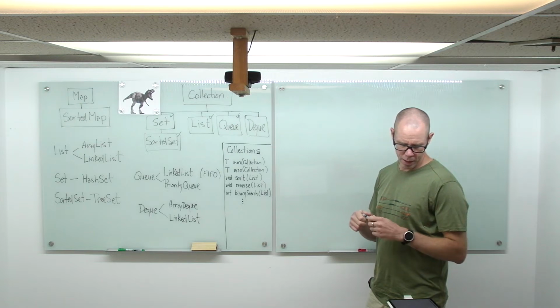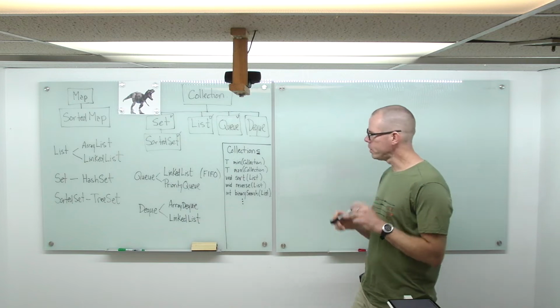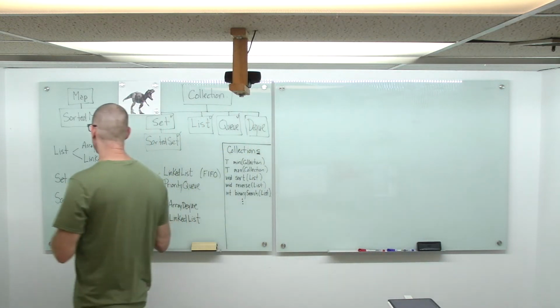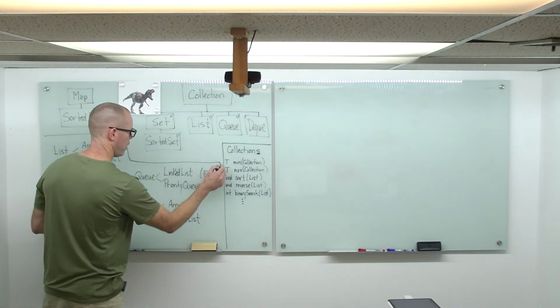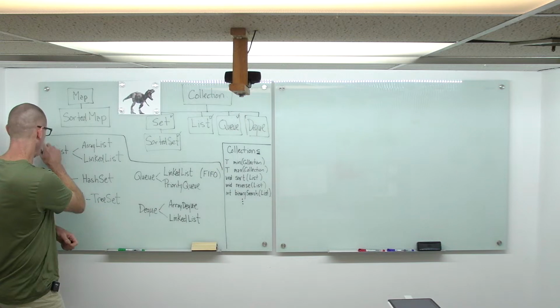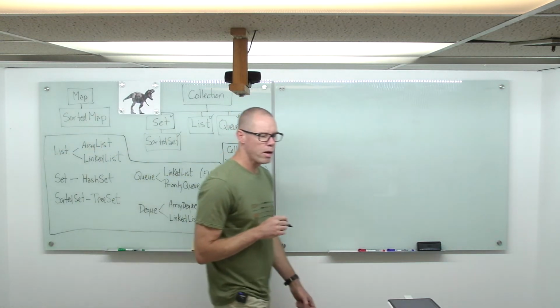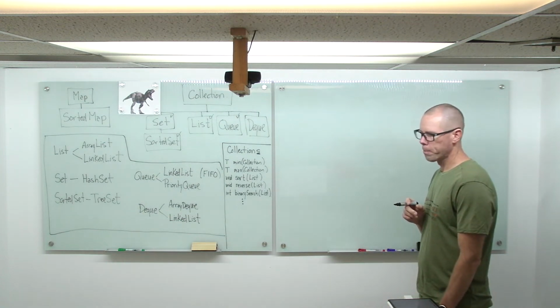Is there any difference between a linked list, under list, and queue? We'll see that shortly. So down here, the second part of the board, these are implementations that we will discuss today, and we'll discuss the advantages and disadvantages of each of them.